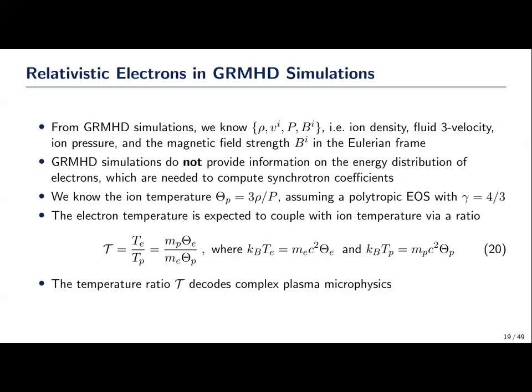So in practice, what we do is we propose a temperature ratio between the electron temperature, which is what we want, and the ion temperature, in this case P for proton, which is basically known analytically because we also know our equation of state. So this is an analytical result.